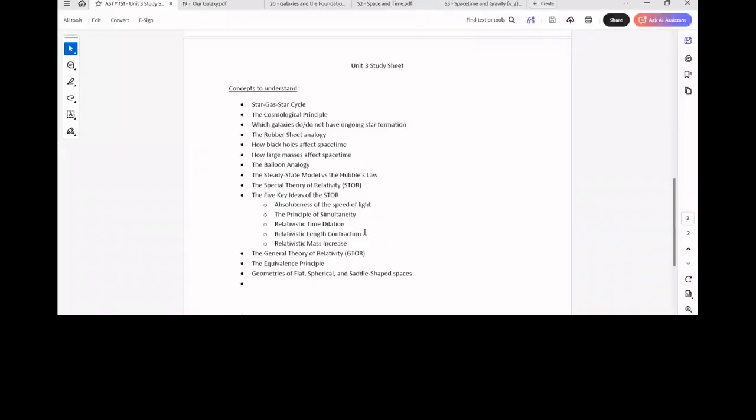Relativistic length contraction is described as the apparent shrinking in the physical size of a spaceship, if from your perspective it is moving close to the speed of light. We can also take this to describe the apparent shrinking in the length of a trip. If we were imagining taking a very long trip many light years away, we saw an example in our notes about taking a trip to Vega, which is about 25 light years away.